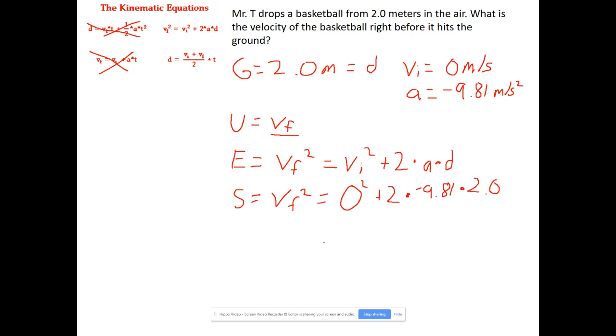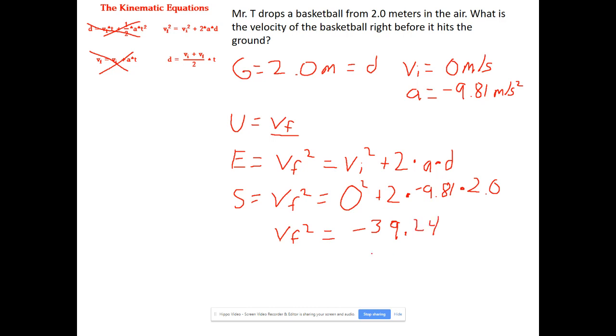Okay, let's bust out the calculator. That 0 just goes away, thank goodness. 2 times negative 9.81 times 2 is negative 39.24.